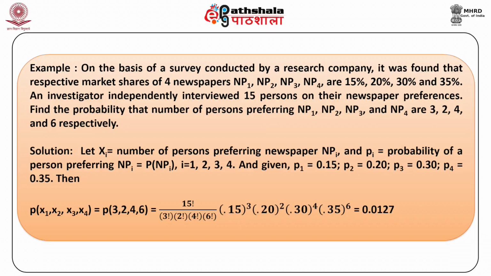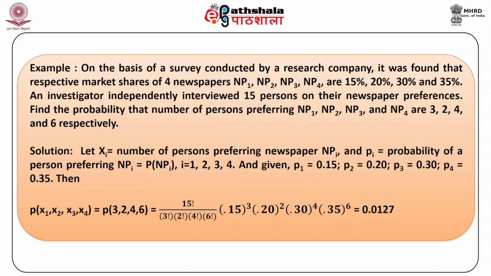The solution is: let xi be the number of persons preferring newspaper NPi and pi be the probability of a person preferring NPi, which can be denoted as P of NPi, where i is from 1 to 4.